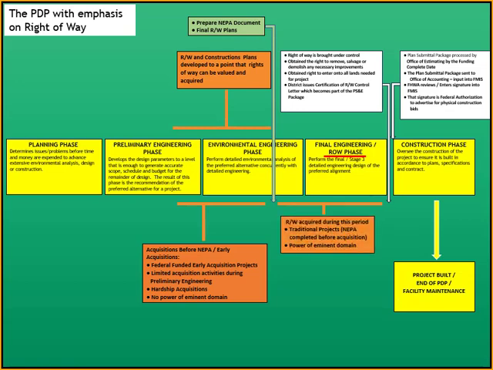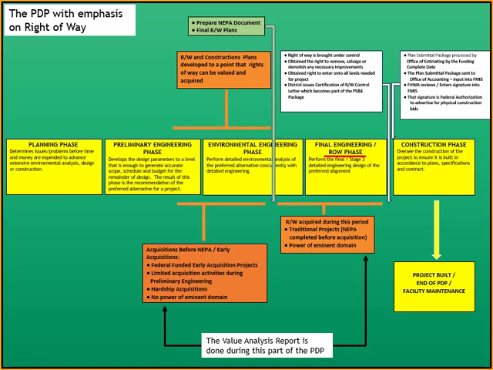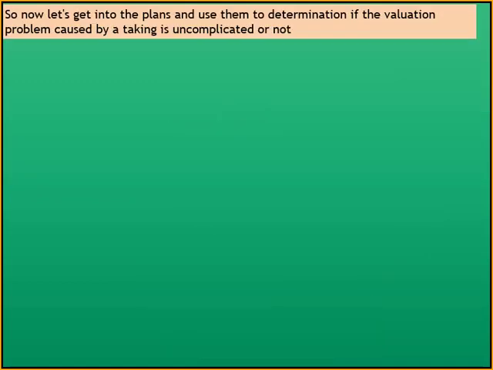Acquisitions that happen after NEPA are traditional projects, and generally for these projects, ODOT is going to have the power of eminent domain. And the value analysis report can be done during either part of these processes. Value analysis can be done pre-NEPA, or value analyses can be done post-NEPA.